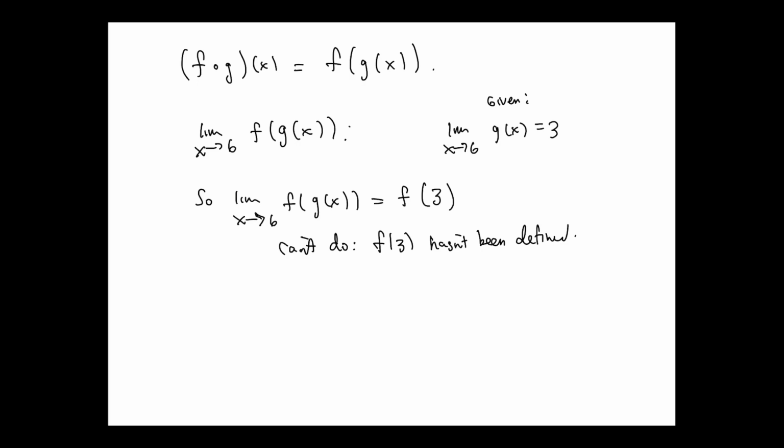Okay? Now, let's contrast this. What about the one that was right above it? There, the function composition happened in the other order, g of f. Okay, so what's that one? Limit as x goes to 9 of g of f of x. Okay, first off, before we even worry about the limit, is f of g of x the same as g of f of x?